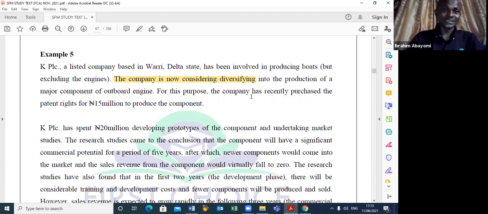That's what it means. To undertake a project, then project-specific cost of capital needs to be computed for that particular project, except where the question tells you that the risk of the new industry is not significantly different from the current industry of the company. That is the only way you can use the current WACC of the company. Let me repeat it. If a company is going into another industry to undertake an investment, the company will need to compute a project-specific WACC for the diversified project.